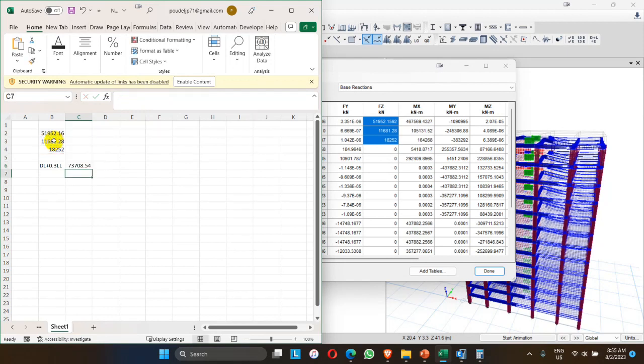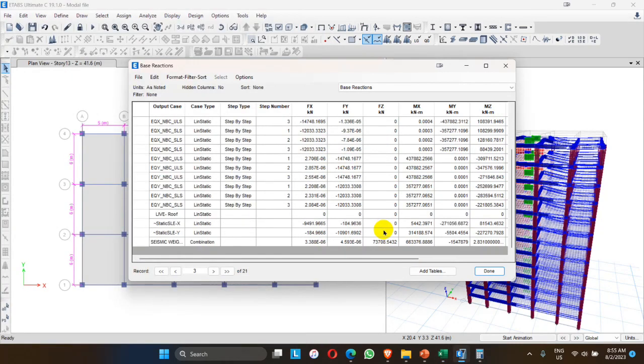So now we don't have any storage load. So it's 73708 and here directly we got 73708.542 from making the combination of dead load plus live load, which is faster.